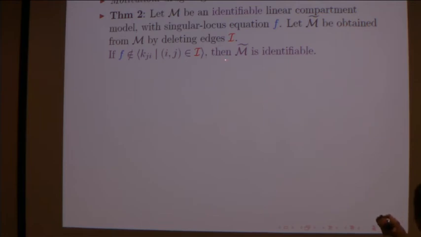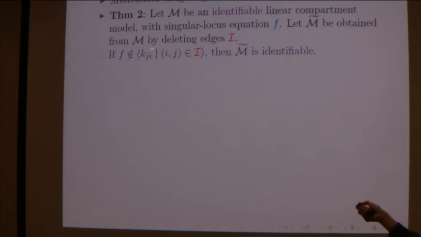So here's the setup. Let's say you have a model M, and you already know it's identifiable. Now I remove some more edges from this model, and I have a new model M tilde. Now I want to use the original singular locus equation, F, and ask the following question.